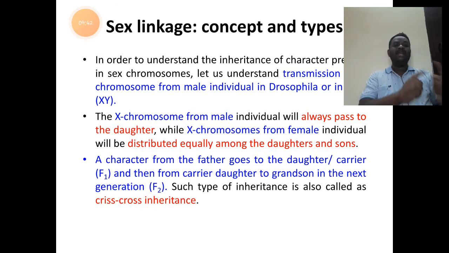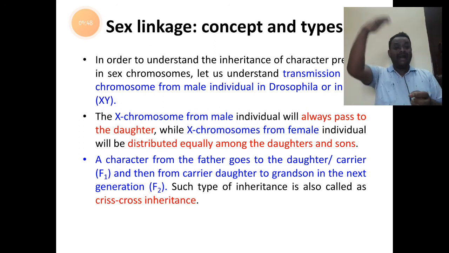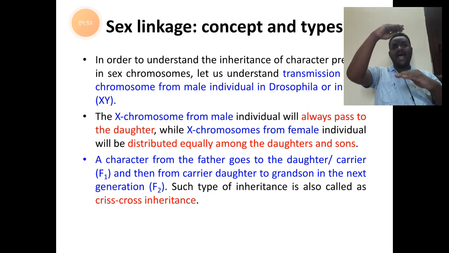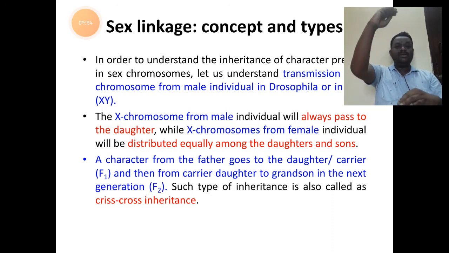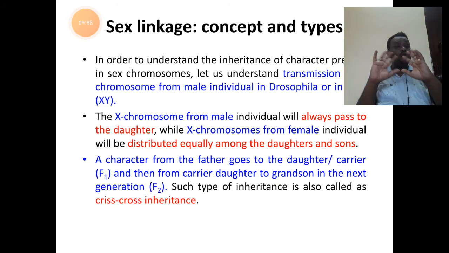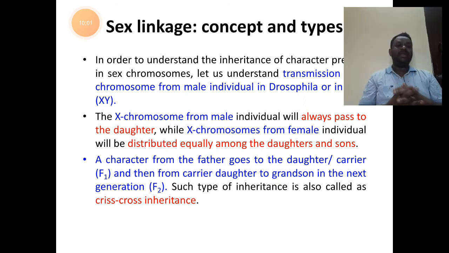This type of inheritance, where the affected character is seen from the grandparent transferred to the grandson, grandfather to the grandson, if the character gets transmitted through the involvement of a carrier female in between in the F1 generation, is called criss-cross inheritance.